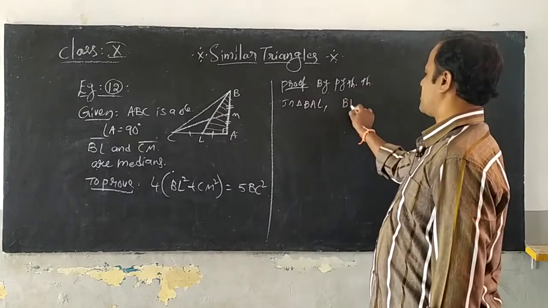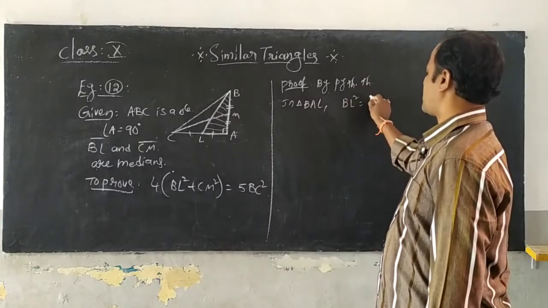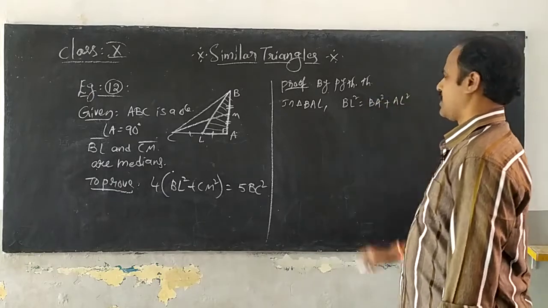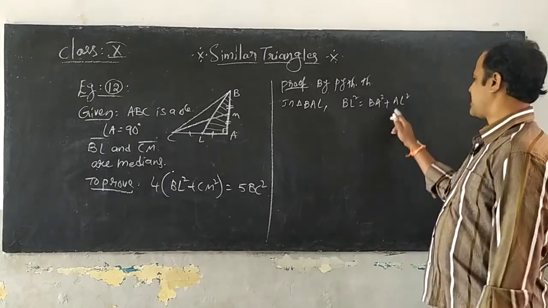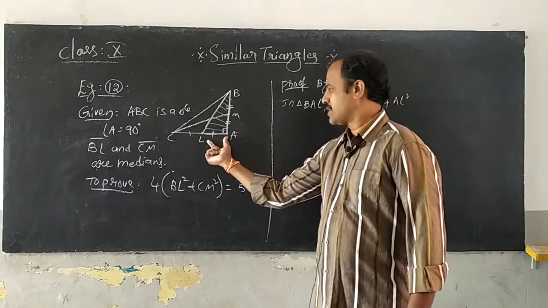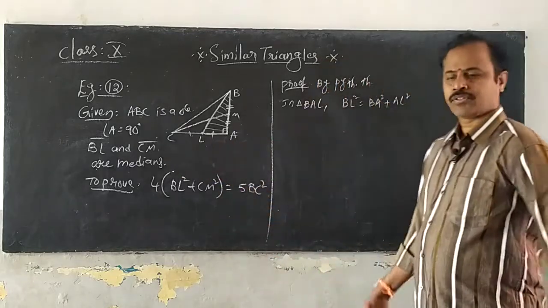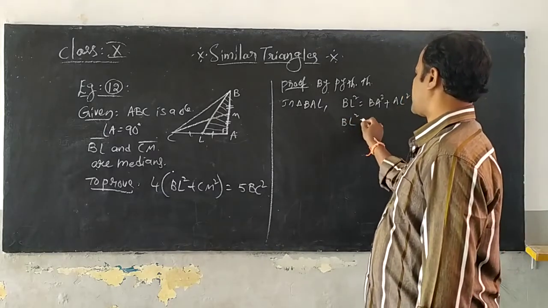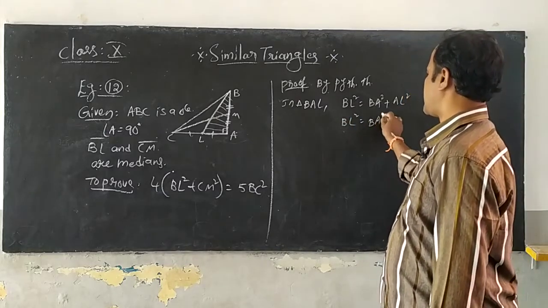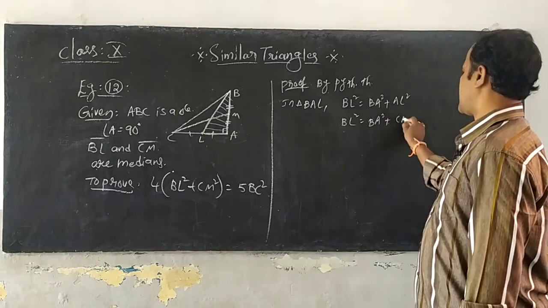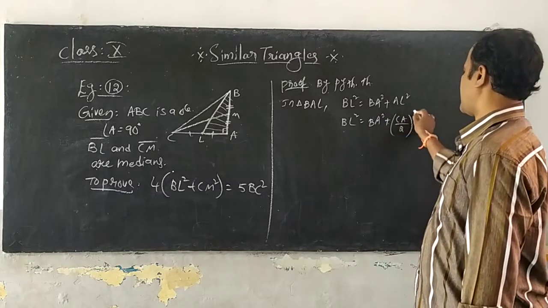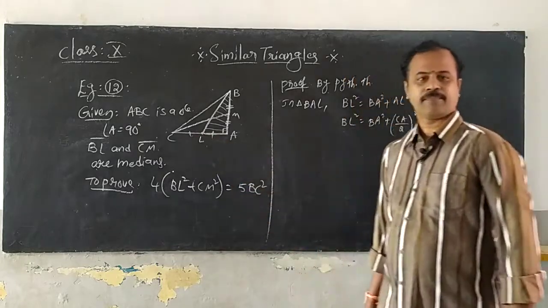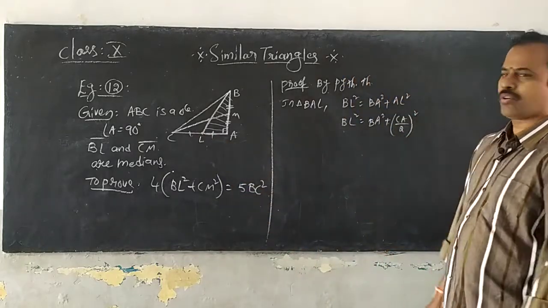So you write BL square is equal to BA square plus AL square. But what is AL? AL is half of AC. So you can change AL here: BL square is equal to BA square plus CA by 2 whole square, because L is the midpoint of CA. So it becomes CA by 2 whole square.